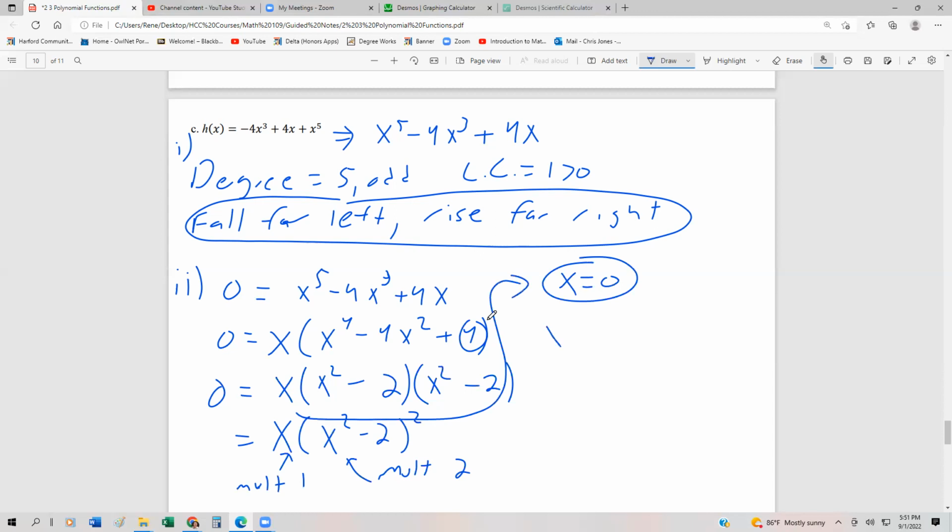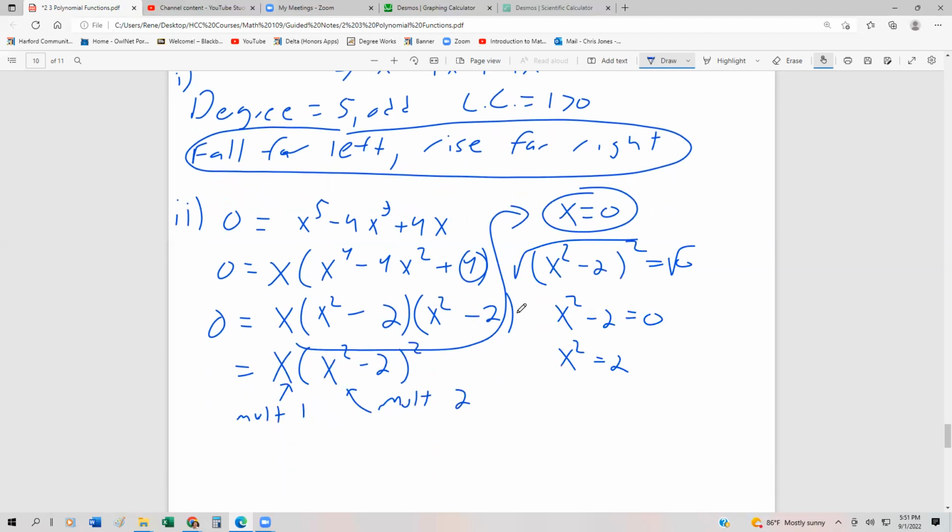But then we have to set x squared minus 2 squared equal to 0. We take the square root of both sides. We get x squared minus 2 equals 0. We add 2, so x squared equals 2. And then we take the square root, and we have to be careful because when we find the square root, there's a positive and negative root to that.